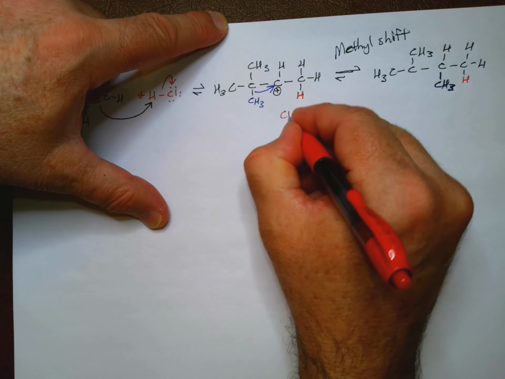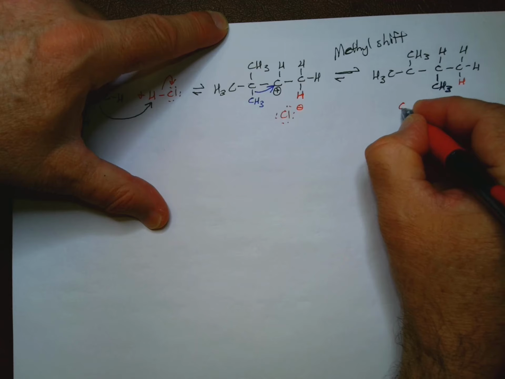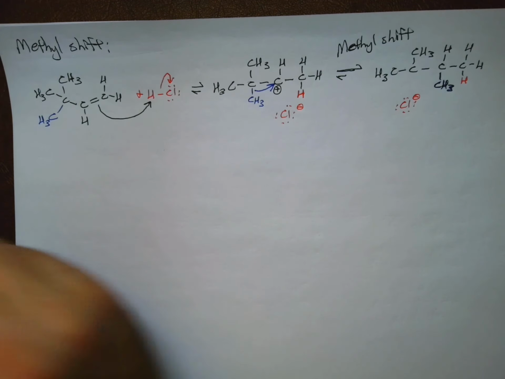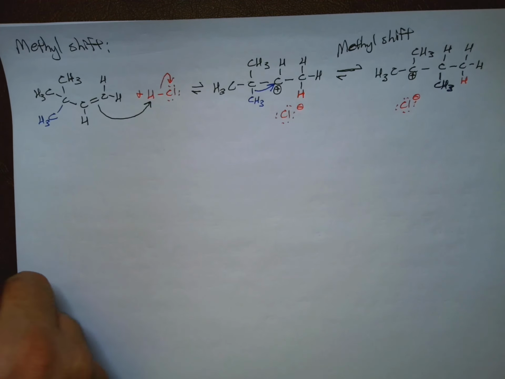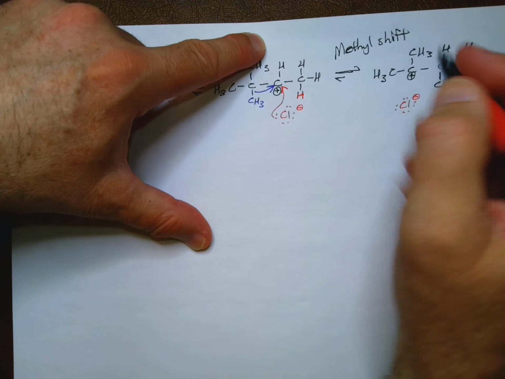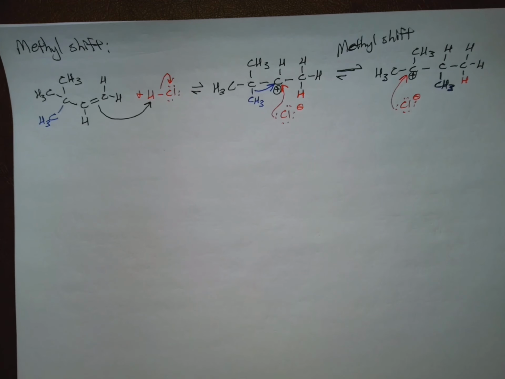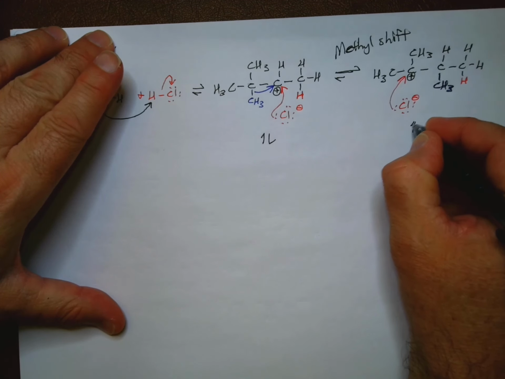I've got my Cl minus, Cl minus. Forgot the positive charge there for the carbocation. And now I can get my chlorine adding in there, and then I'll go on and get my final products.